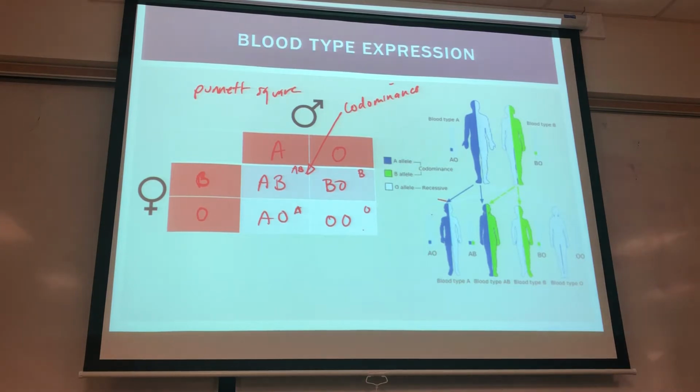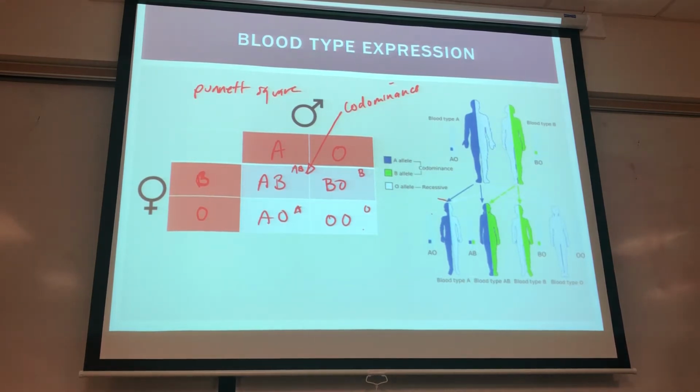A doesn't trump B, nor does B trump A. The one that is trumped is the O allele. So when we see BO, we see type B. Same with AO as well. And then the last one, to be type O, would mean you'd have to get the O allele from the male and the O allele from the female.